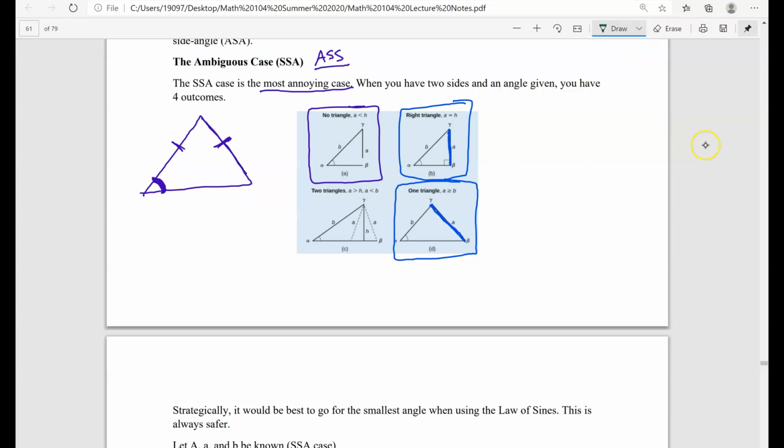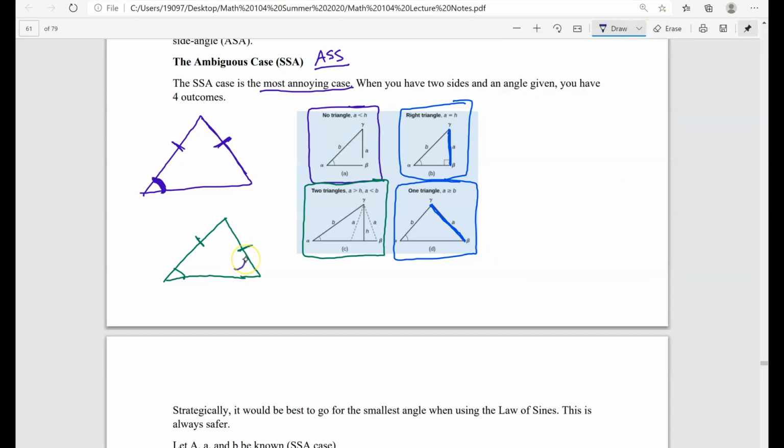That can actually happen. The way that two triangles can occur is that if I have this triangle where you have an angle and a side, then this side can be here, or I can swing this side over.